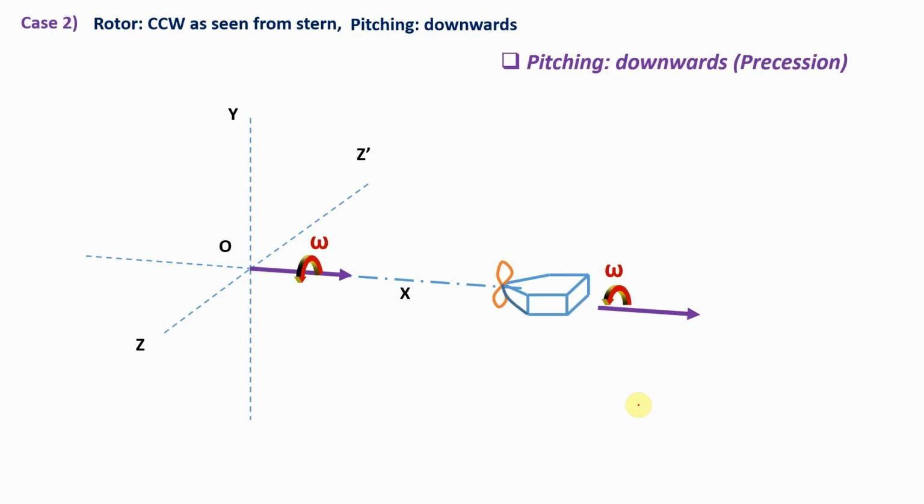Now the ship is pitching downwards, means its front end, that is its fore end, is moving downwards, and this will change the direction of the axis of spin. We call this precession motion, and the velocity with which the ship is moving downwards is precession angular velocity omega p.